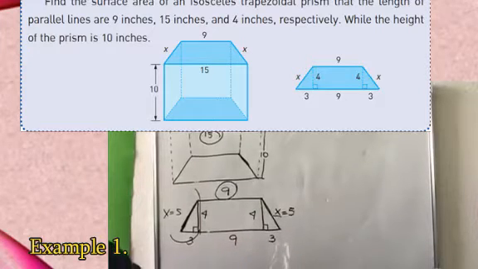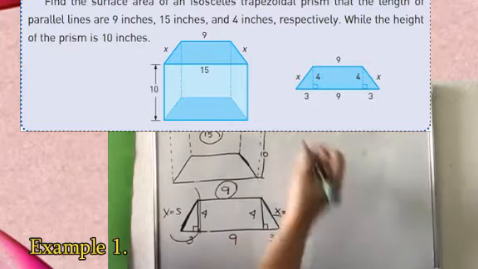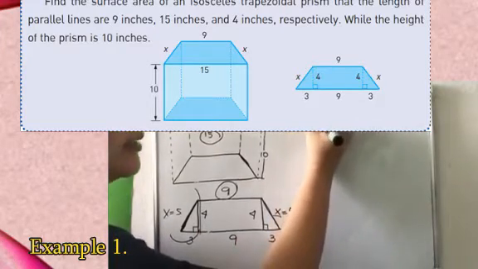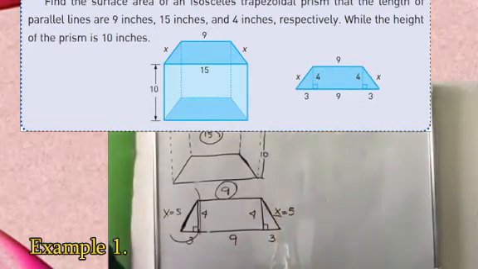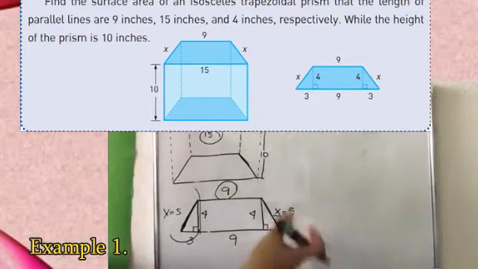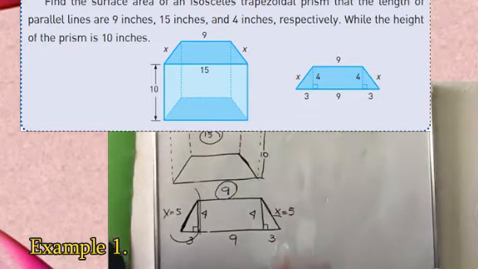Now we are going to solve the lateral area. The lateral area is the perimeter of the base times the height.